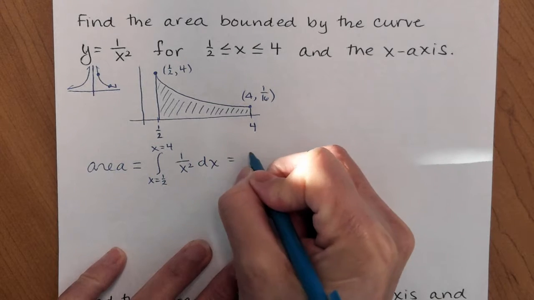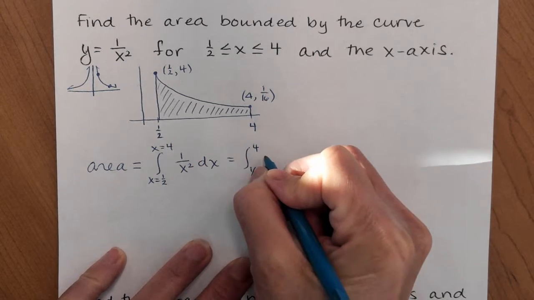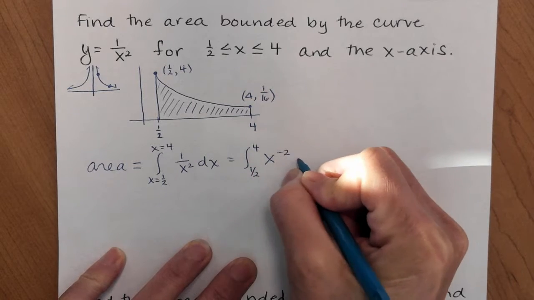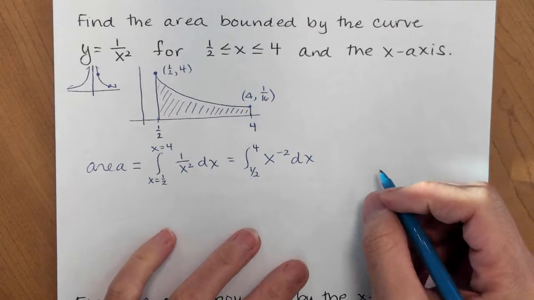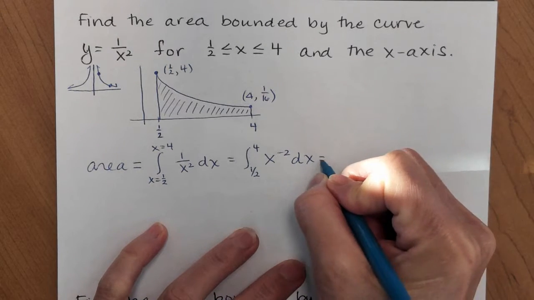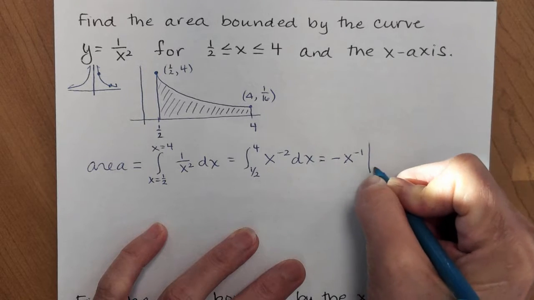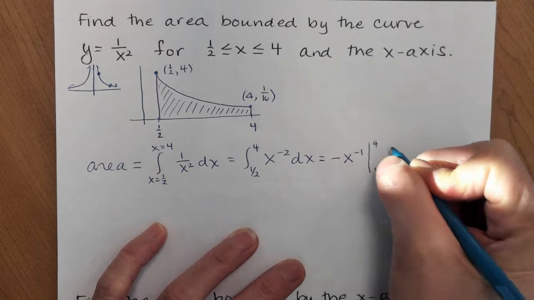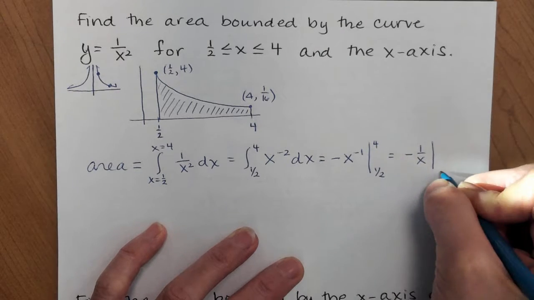Okay, so 1 over x squared is x to the negative 2 dx. And x to the negative 2 integrates to negative x to the negative 1, which is the same thing as negative 1 over x.